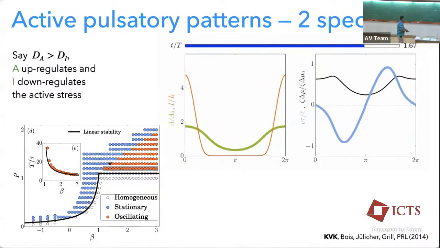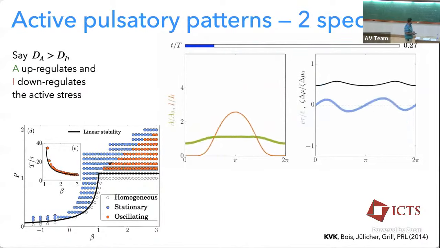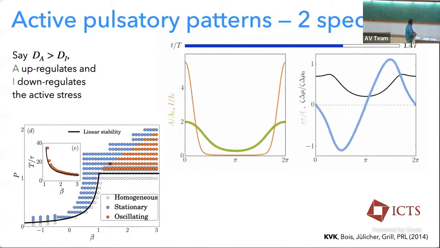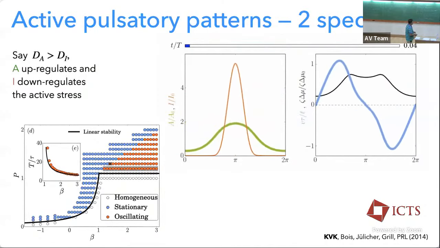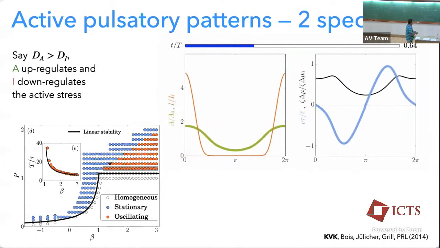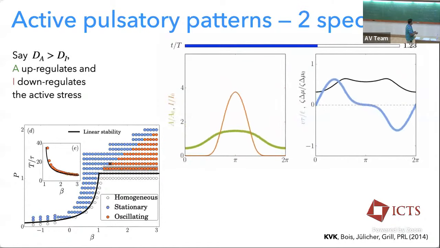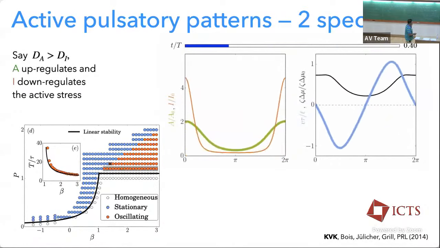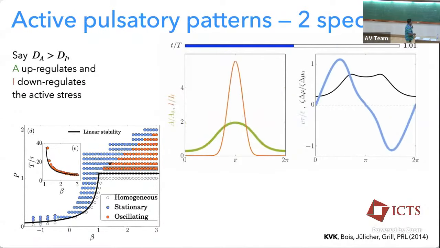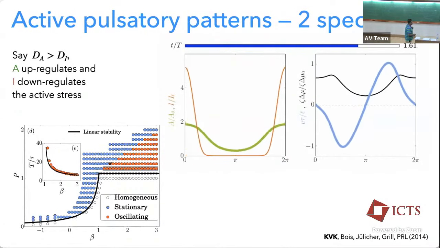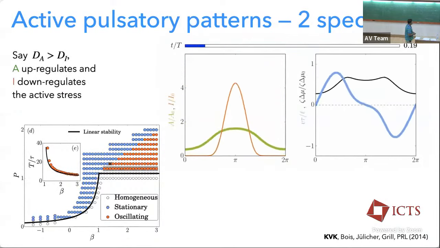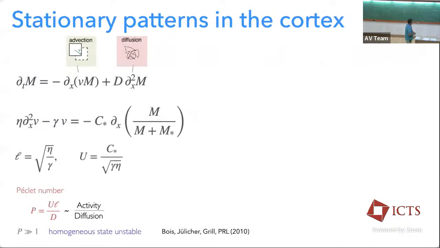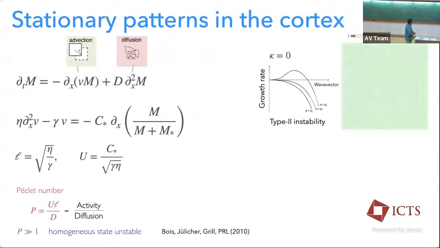So yeah, this beta equal to 0 is kind of special, I guess, right? Because then both A and I are similar, everything is symmetric. But then if you just increase the Peclet number, at some point there will be an instability, just like what we had in the stationary case with 2 species, and you only get a stationary instability, no oscillations whatsoever. So with beta equal to 0, the I and A are not different.